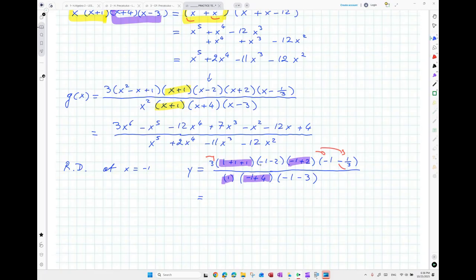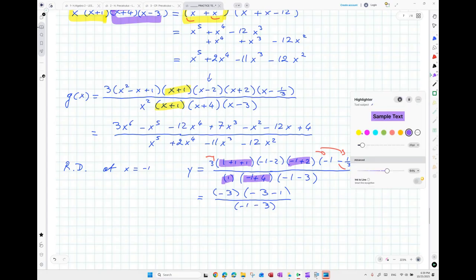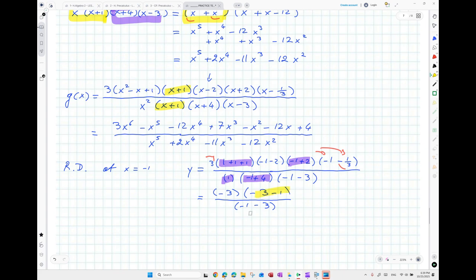So I will have negative 1 minus 2 is negative 3. If I distribute, I will have negative 3 minus 1, which is negative 4. And this is exactly what I have here. So those two will cancel, and I will end up having the y-coordinate of the removable discontinuity at negative 3.